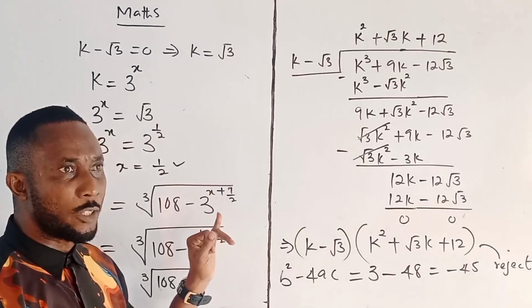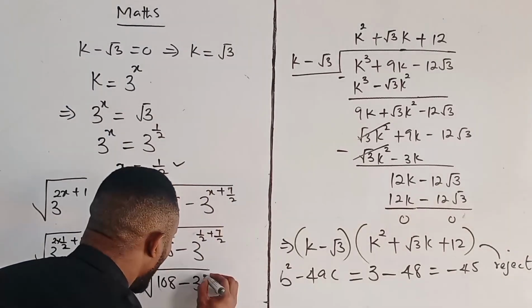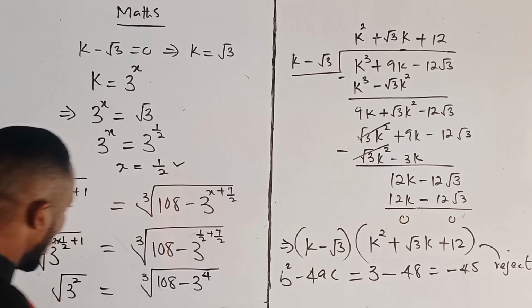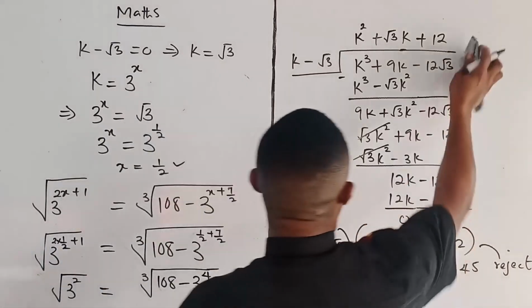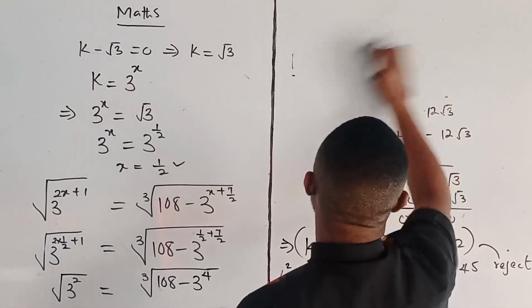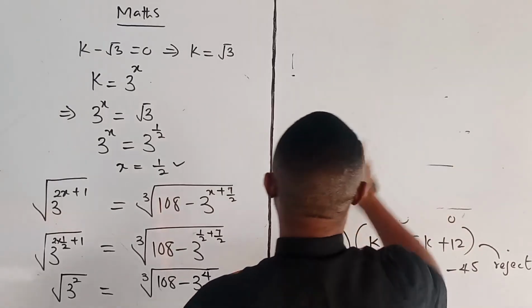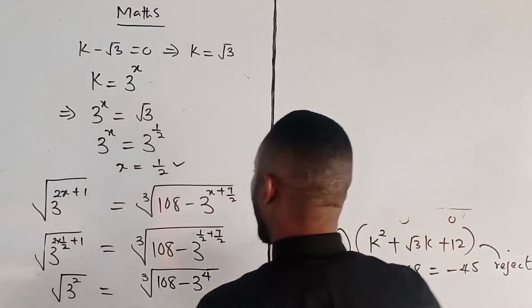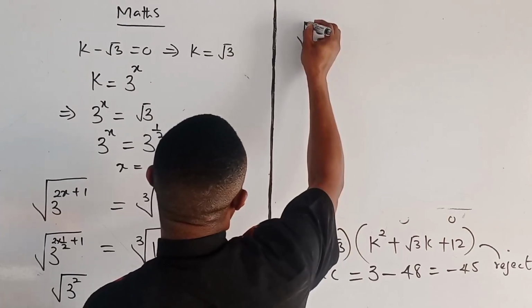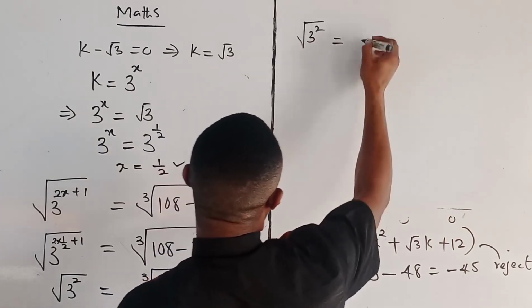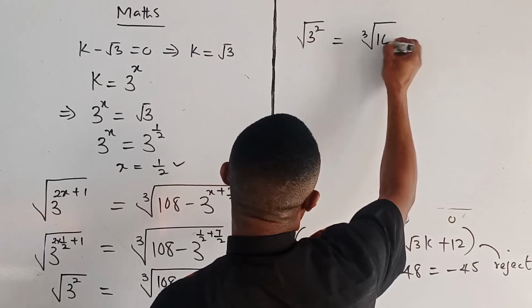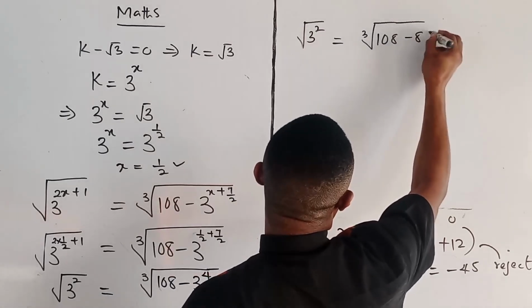So that will be 8 over 2, which is 4. So 3 to the 4th. So the question is this. 3 raised to the power of 4, that should be 81. Okay? Will the square root of 3 squared be equal to the cube root of 108 minus 81?